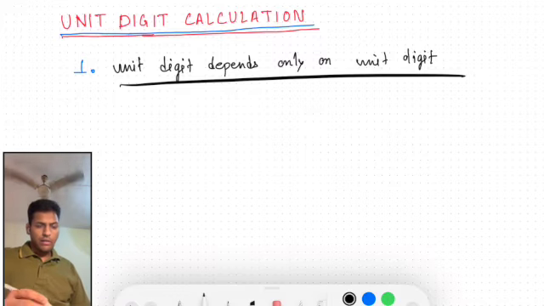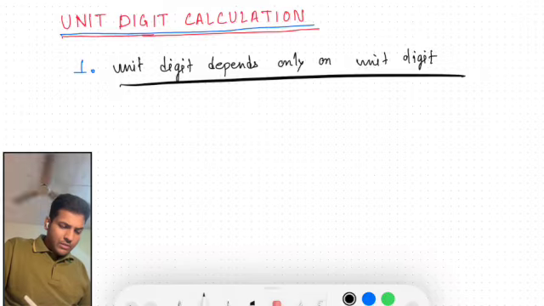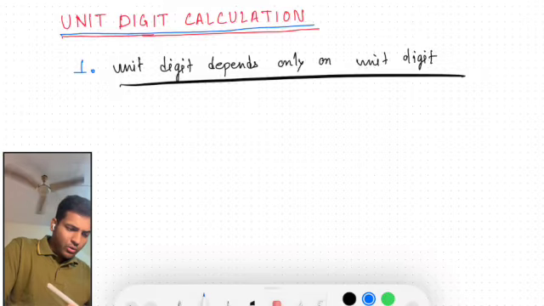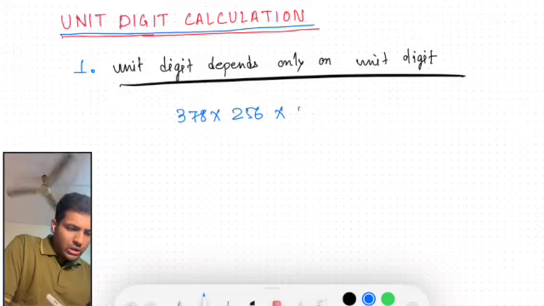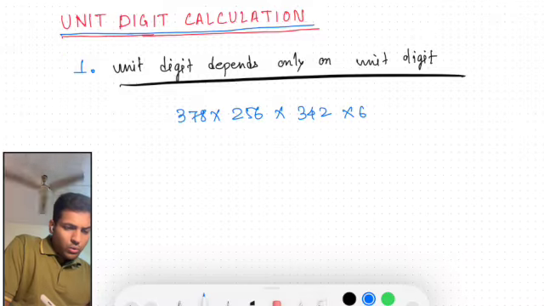Now let us understand what this means. Suppose I have given you this calculation: 378 into 256 into 342 into 641.